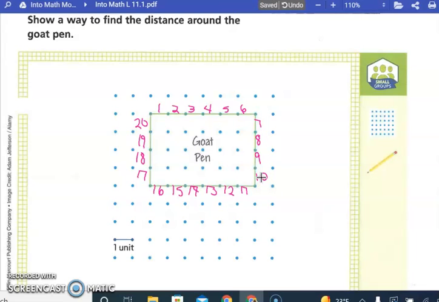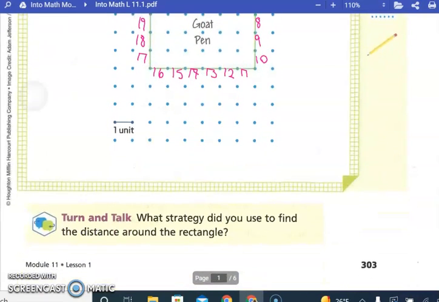Okay. Give me a thumbs up when you've counted that. Okay, so we counted around and we got 20 units, correct? Yeah. Okay, so write that down below here.